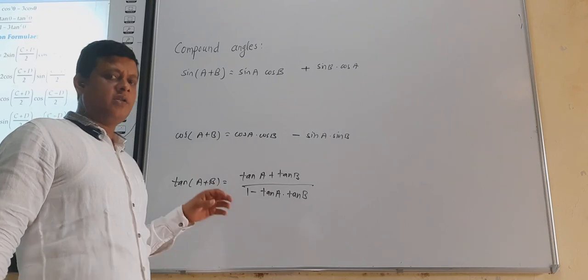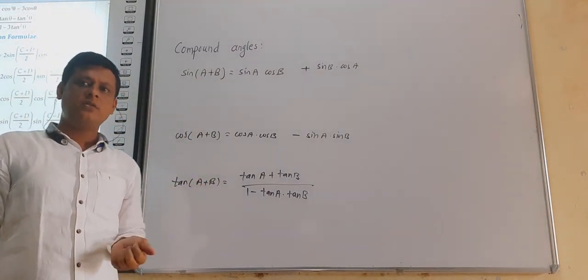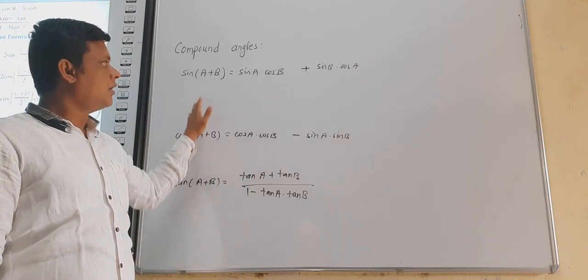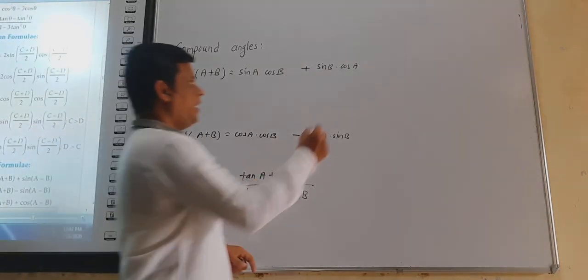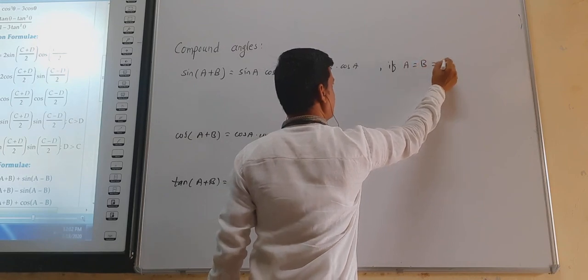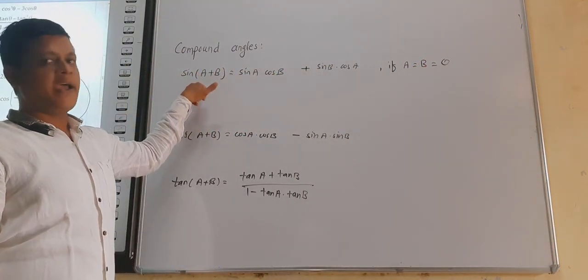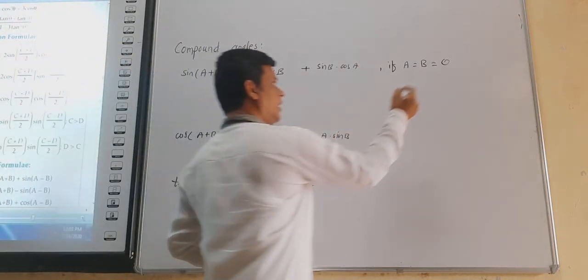Now from these formulas we can form the double angle formulas. How to make that formula? See, if A equals B equals theta, meaning these two angles are the same, generally we use the formula in terms of theta.